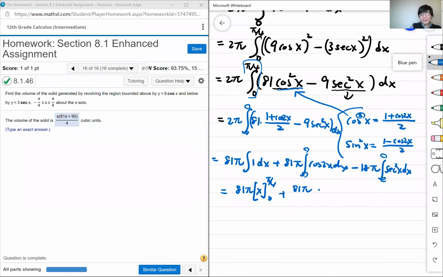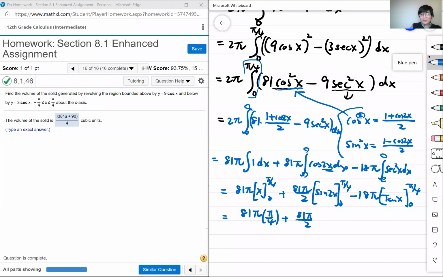The integral of cosine 2x will be sine 2x, but you have to divide it by 2, from 0 to pi over 4. And the integral of secant square is tangent x, again from 0 to pi over 4. So this will become 81 pi times pi over 4 minus 0. When you plug pi over 4 in here, sine pi over 2 is 1, and sine 0 is 0, so it's going to be 1 here.